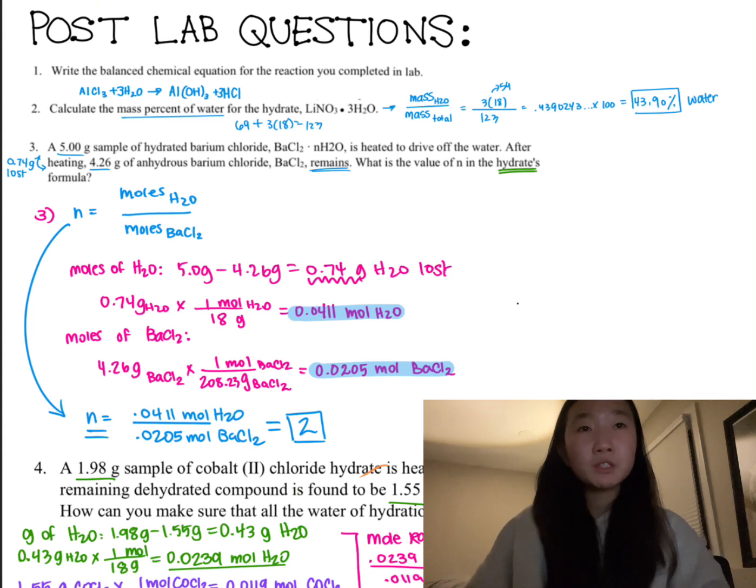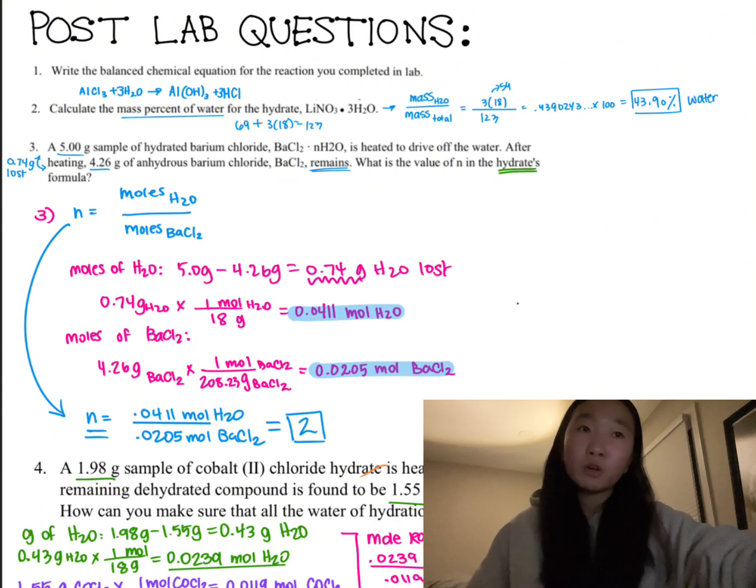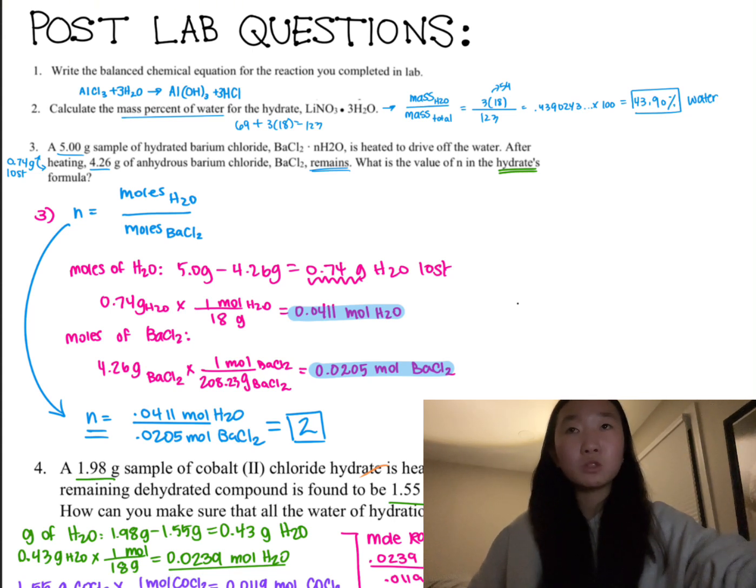As for question number 2, in order to calculate the mass percentage of water for the hydrate LiNO3 with 3H2O, you have to divide the mass of H2O over the total mass of the total molecule.